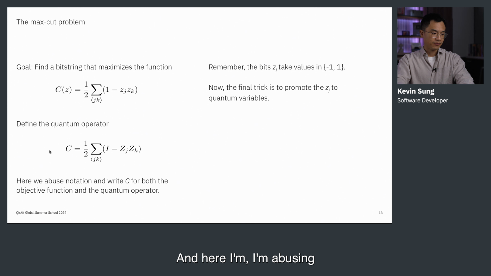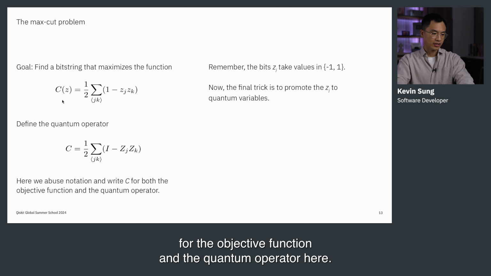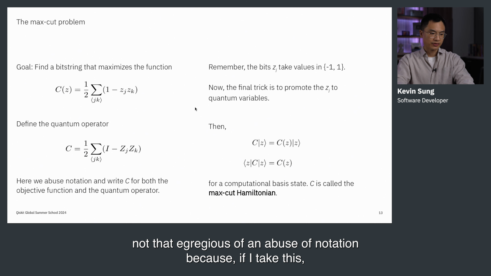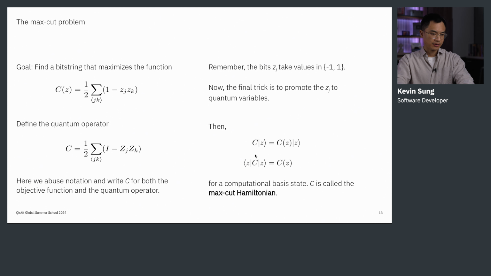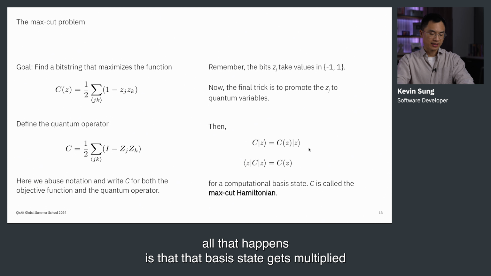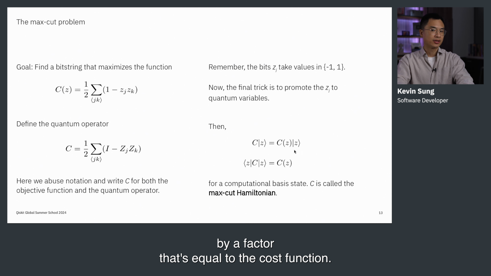And here I'm abusing notation a bit and writing C for both the objective function and the quantum operator here. It's not that egregious of an abuse of notation, because if I take this quantum operator and act it on a computational basis state, all that happens is that that basis state gets multiplied by a factor that's equal to the cost function.